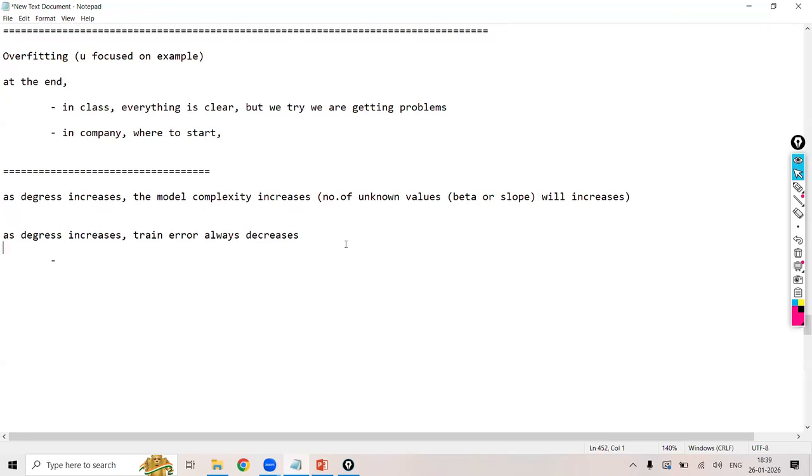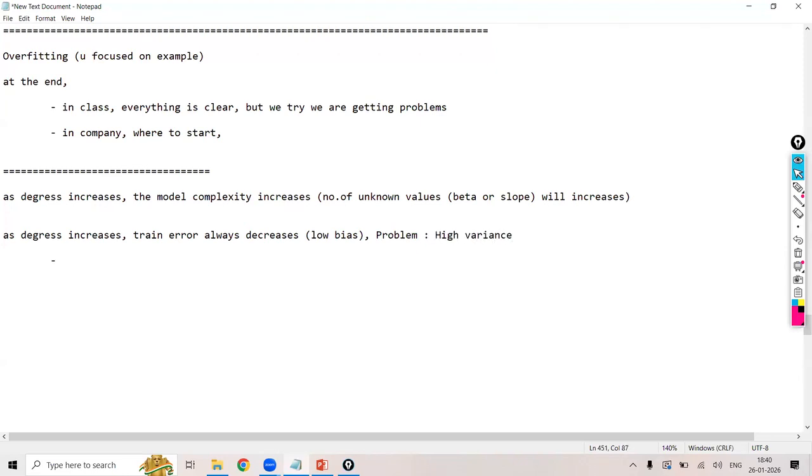As degree increases, train error always decreases. Train error always decreases means what happens? Low variance, low bias. Bias will be low. But the problem is, what? The problem is you are going to get high variance.